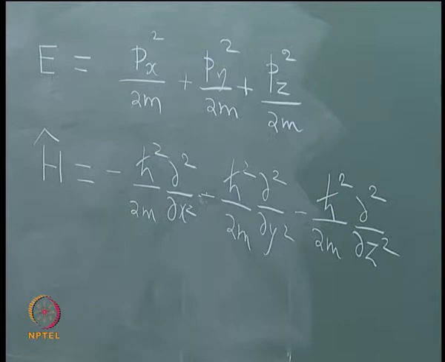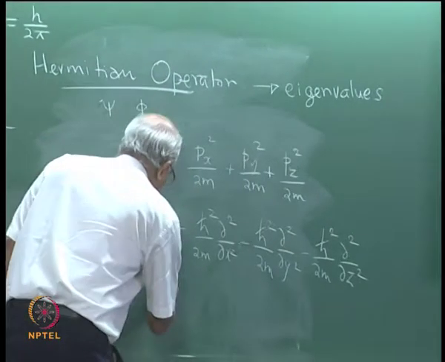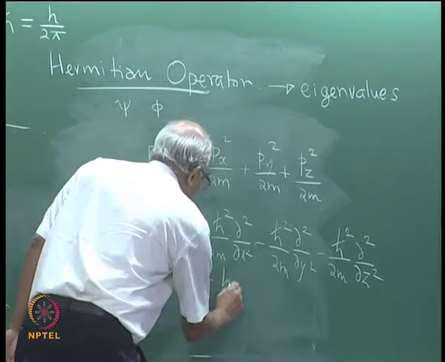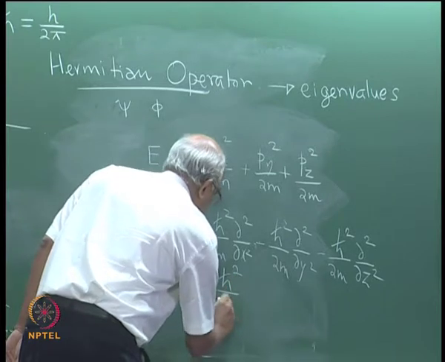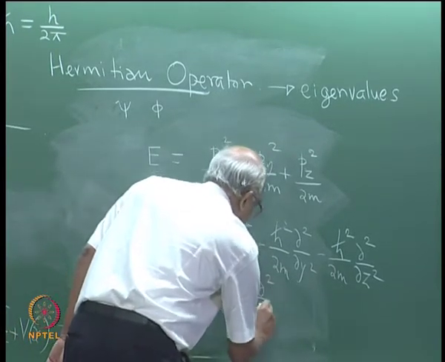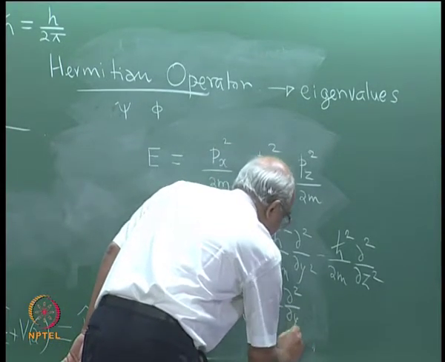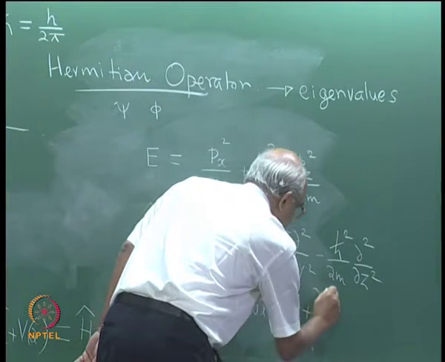So, this is the operator that is associated with total energy, and it is obvious that this may be written as minus h cross square by 2m times dou square upon dou x square plus dou square upon dou y square plus dou square upon dou z square.